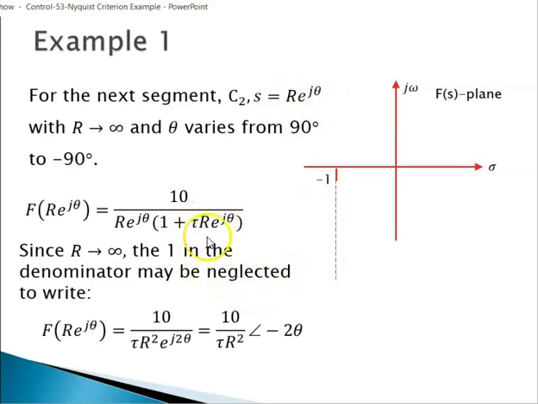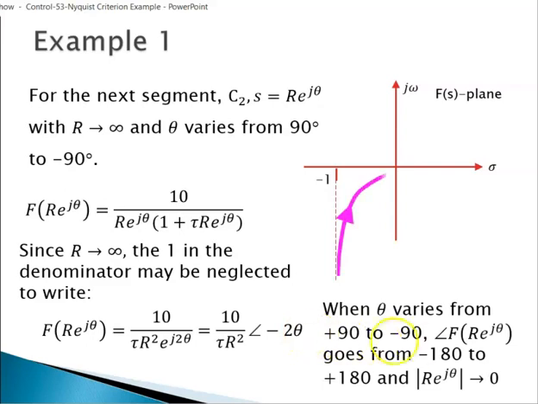This R tends to infinity, so this term is very big compared to 1. So just neglect this term and you have 10 by tau R square, e power j theta plus j theta, j 2 theta. So you represent this by 10 by tau R square at an angle of minus 2 theta.